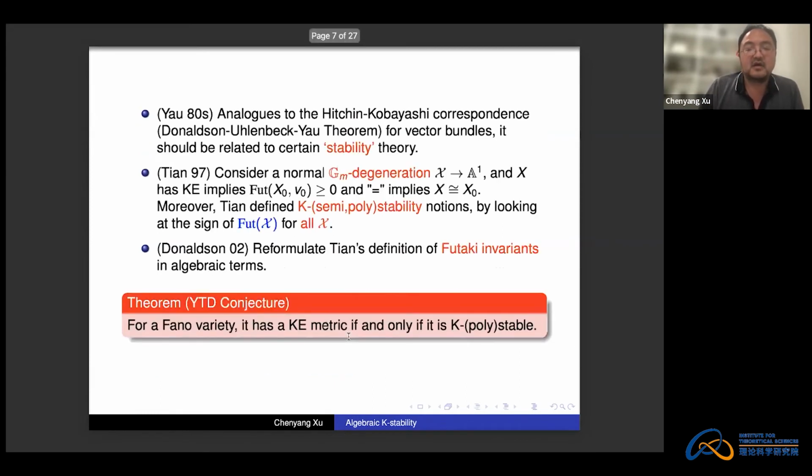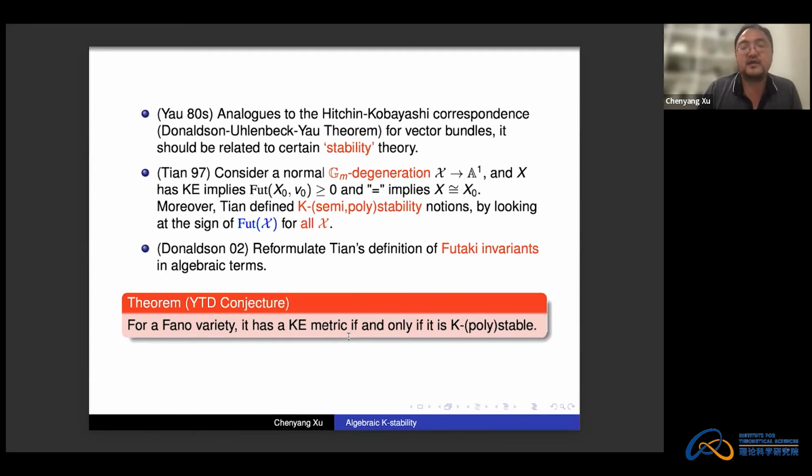So somehow we should rely more on looking at all the C-star degenerations. In other words, you can think about this C-star action on the Chow variety or Hilbert scheme. You are asking some sort of question about this action, whether it's stable or not, very roughly speaking.